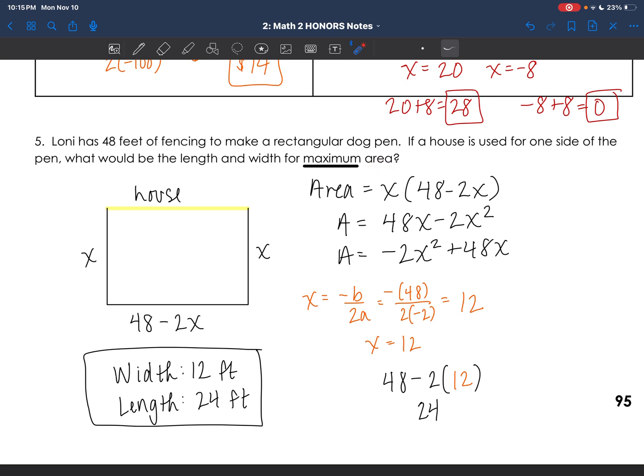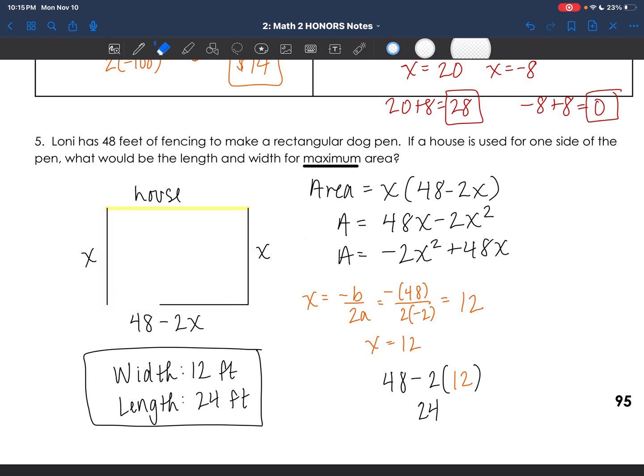So your area is going to be, well, we're using the house, 48 feet of fencing. So this whole thing is going to be perimeter-ish because we're not including that. So we're going to have this plus this plus this equal 48.